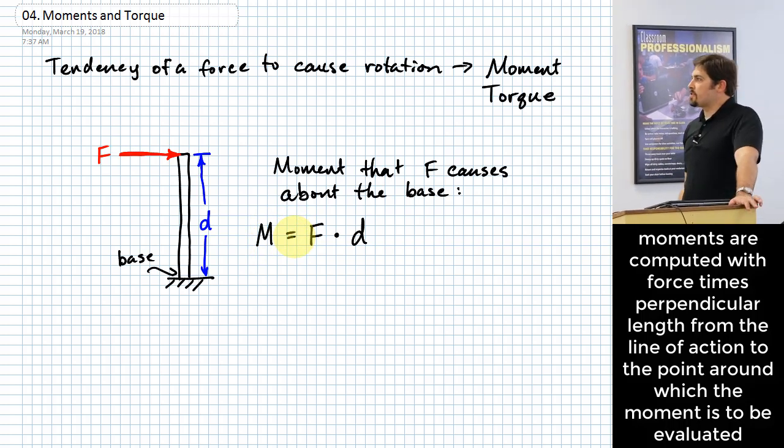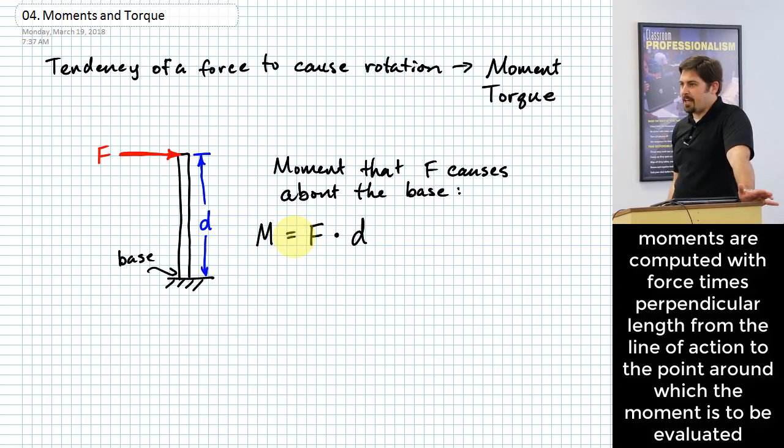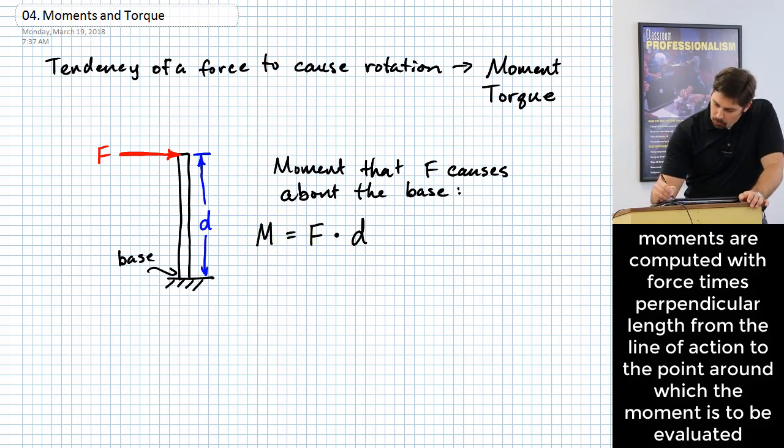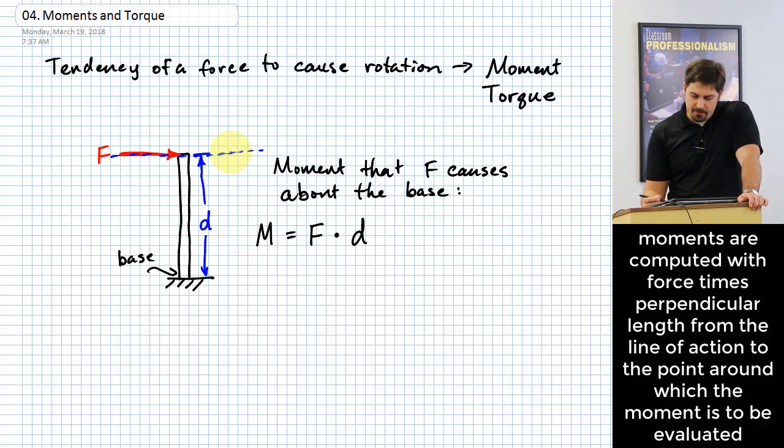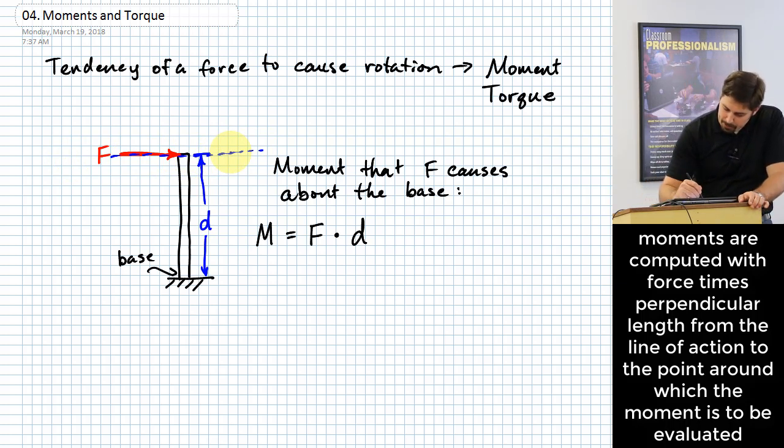Now here's a couple of finer details that we need to take into consideration. The reason that this is the case is that the line of action of the force, the force is acting like this, going along this line, is already perpendicular to the direction that we're measuring the distance.